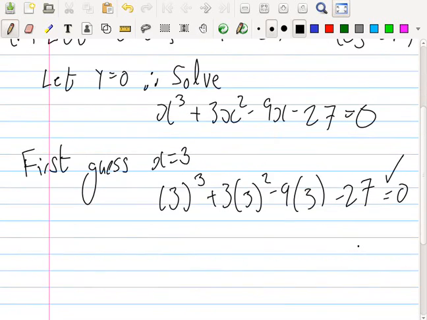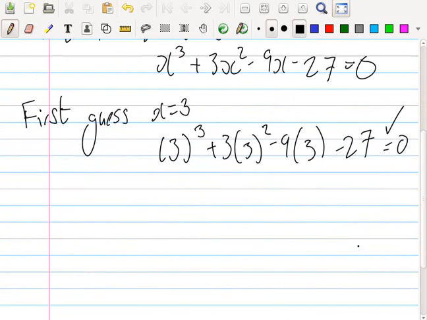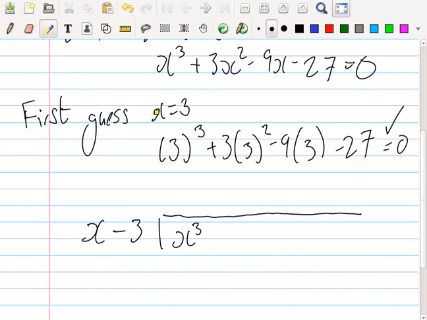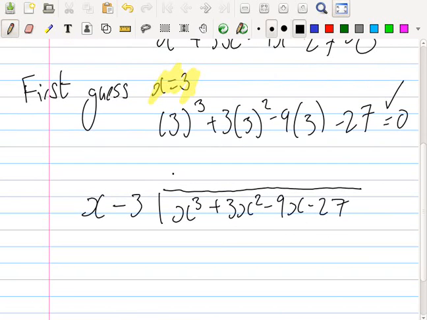Now, we know that 3 is a solution. So we divide in x minus 3. So let me actually highlight that. Okay. X cubed plus 3x squared minus 9x minus 27. So that would be x squared.